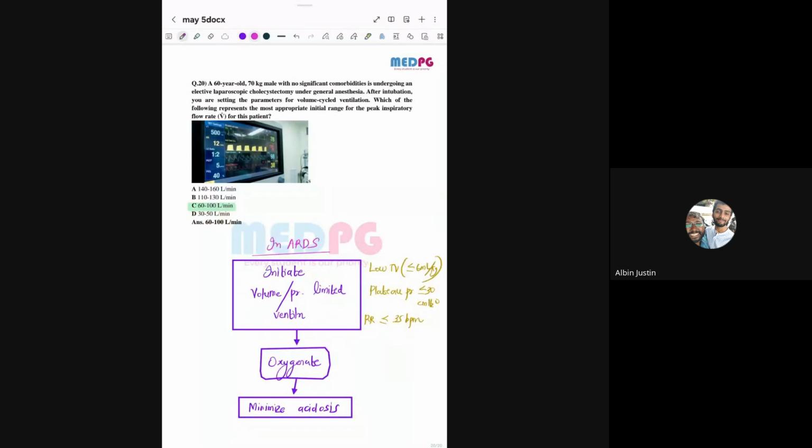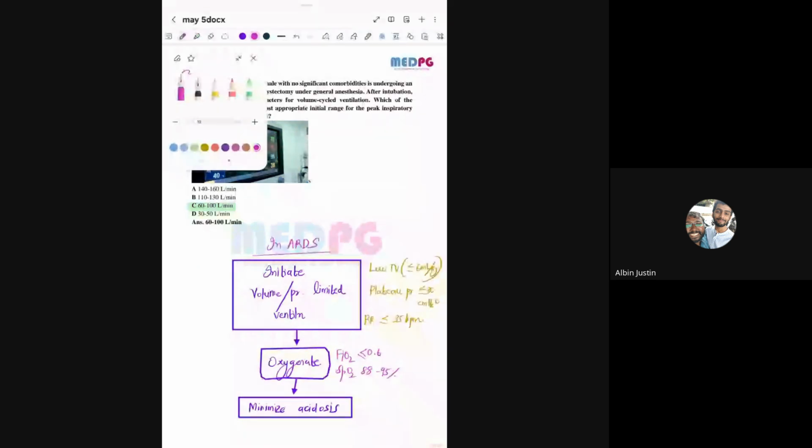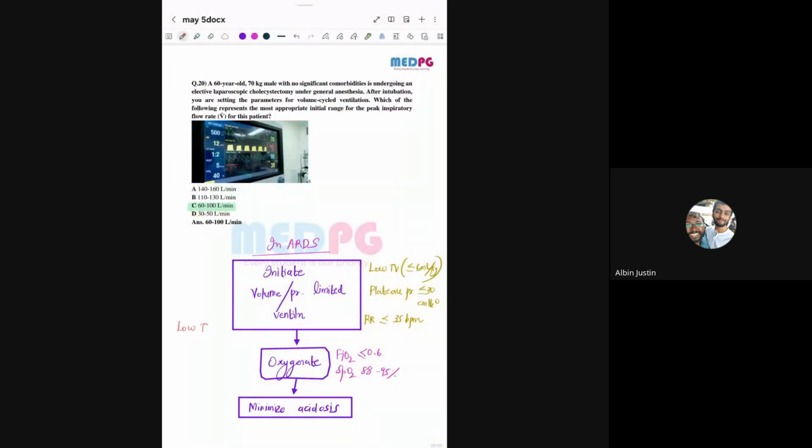When you oxygenate, it should be FiO2 less than or equal to 0.6 and SpO2 should be maintained at 88 to 95%. So always remember in ARDS, it should be low TV, high PEEP.